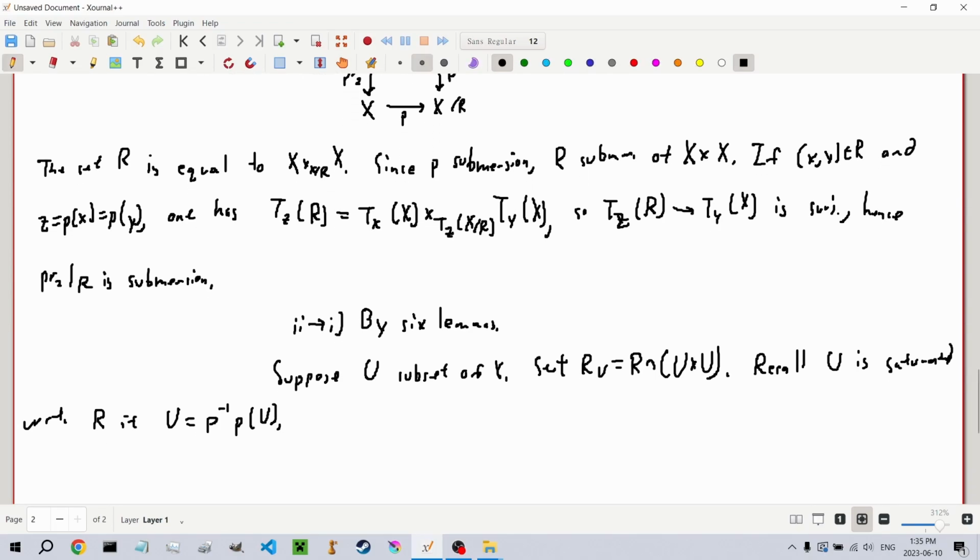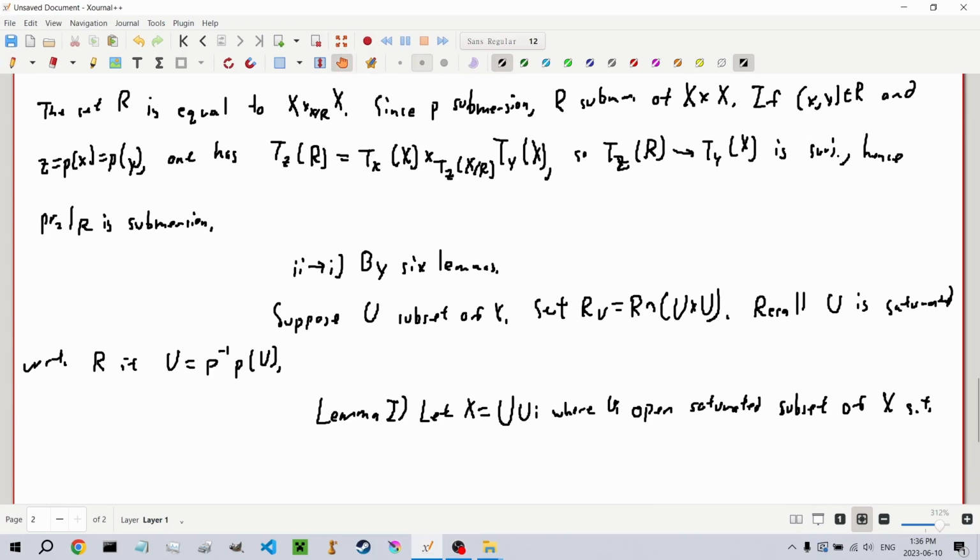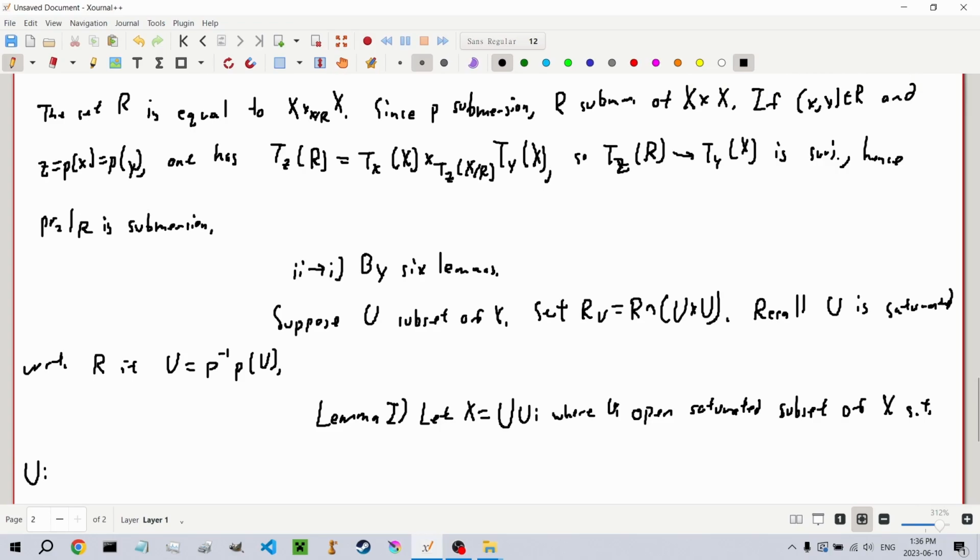Now, let's go through our lemmas. First lemma: let X be the union of some U_i, where U_i is an open saturated subset of X such that the quotient of U_i with R of U_i is a manifold.